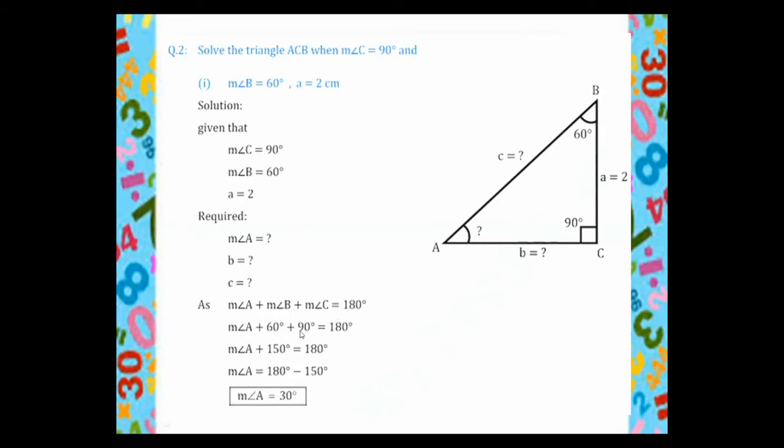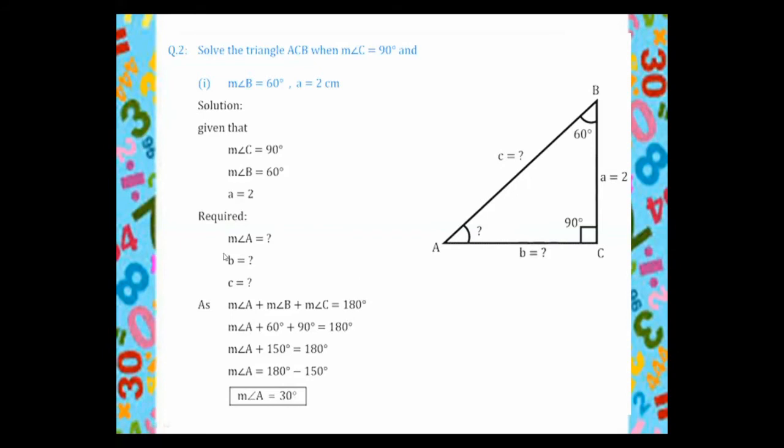One angle is 60 degrees, the other is 90. Add these two values, 90 plus 60 is 150 degrees. So the measurement of angle A plus 150 degrees equals 180 degrees. Angle A remains here, 180 remains here, and 150 changes its side and becomes minus 150. So 180 minus 150 gives you 30 degrees, which means the measurement of angle A is 30 degrees.